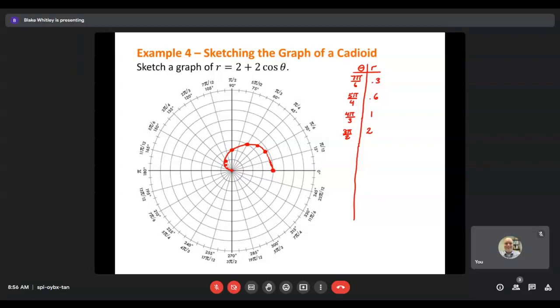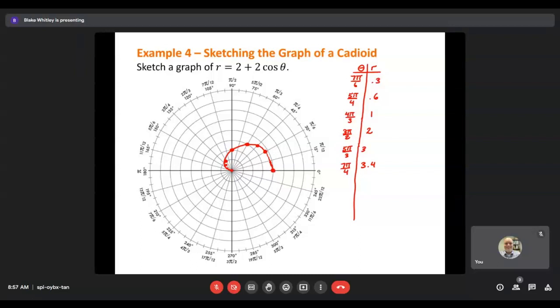So I'm going to go into my fourth quadrant. So 5 pi over 3 is next. It's going to give us 3. 7 pi over 4, 3.4.